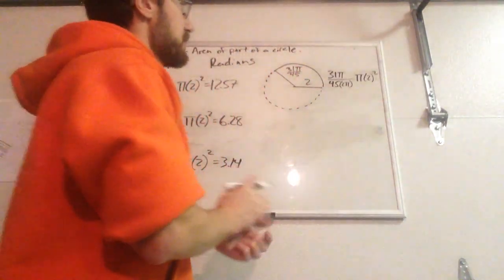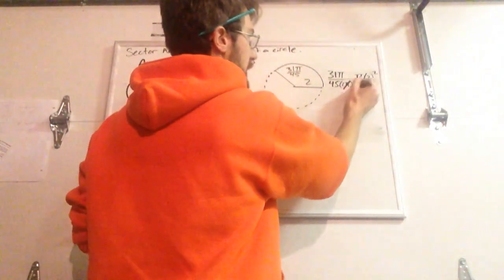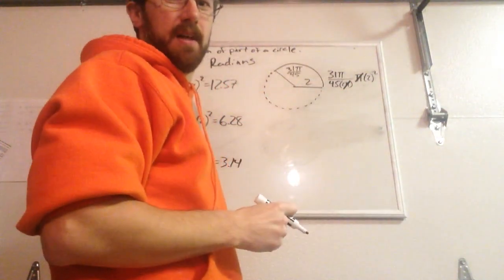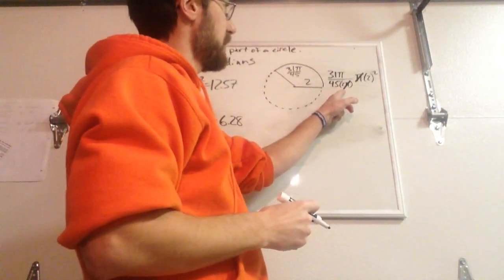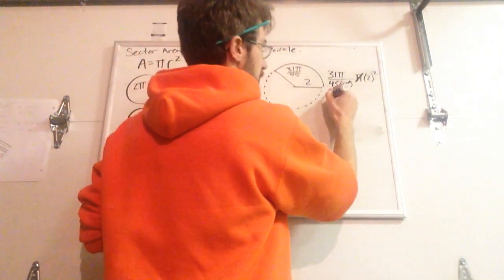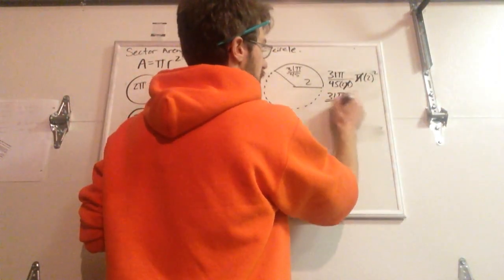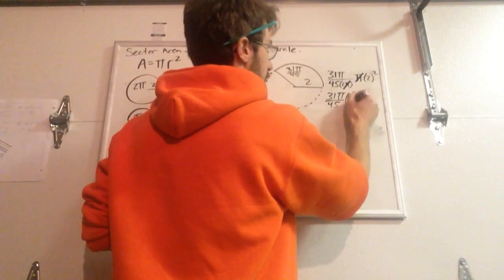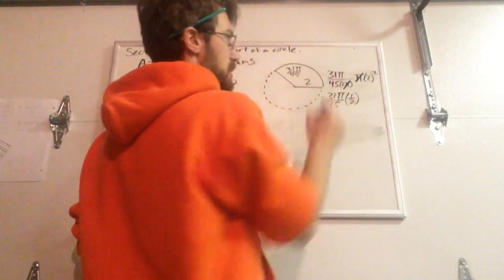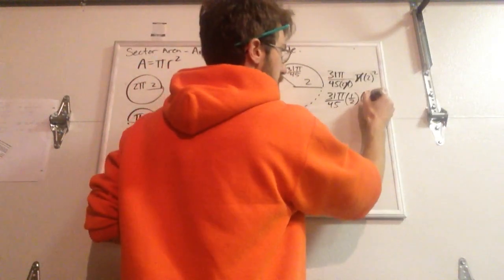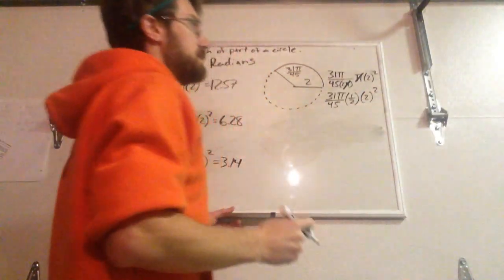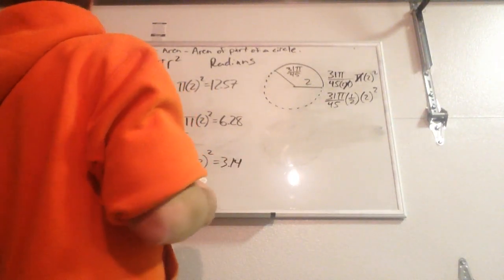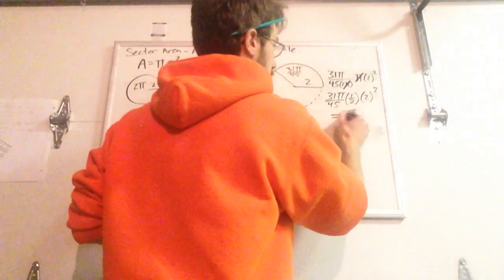Let's see what happens. Well, 1 pi cancels out, but that 2 doesn't cancel out this time. That 2 is left in there. So this ends up being 31 pi over 45 times 1/2, because of that 2 in the bottom, times the radius squared. And it turns out that is about 4.33.